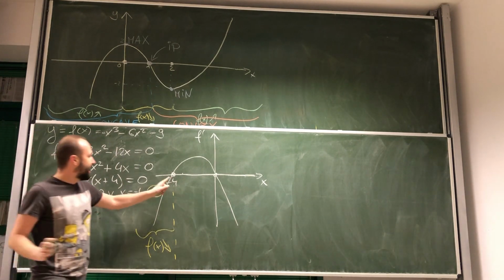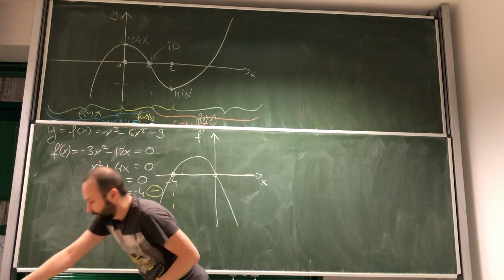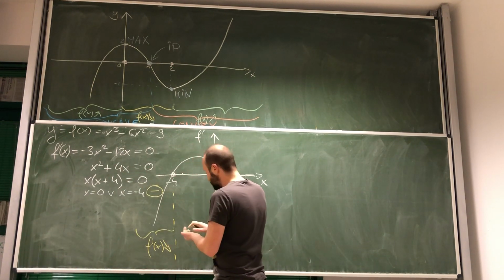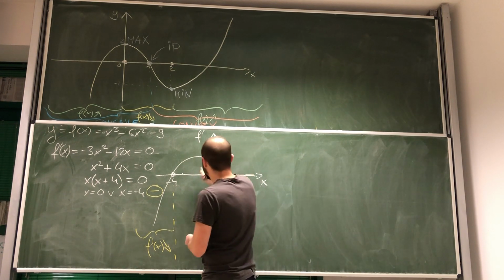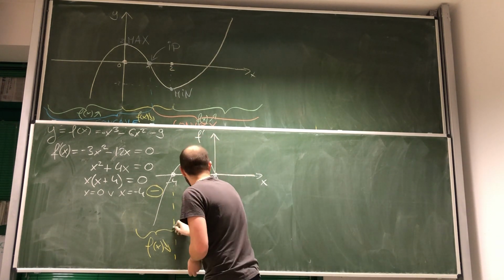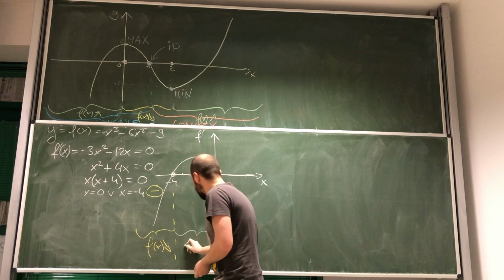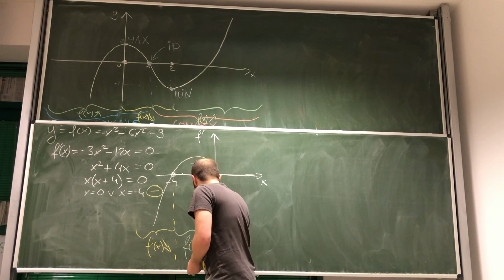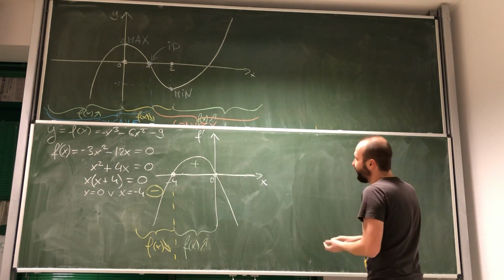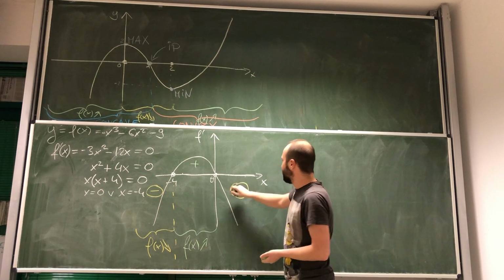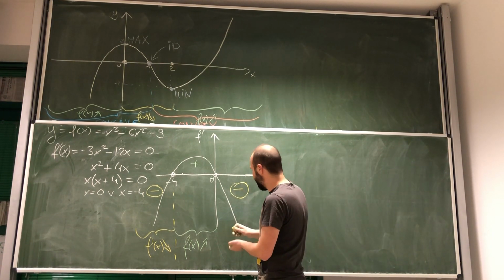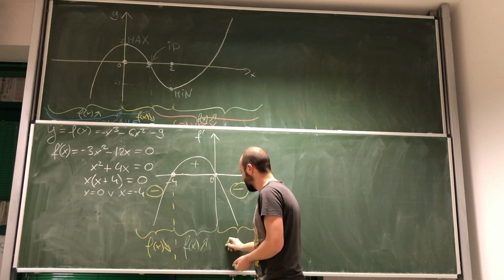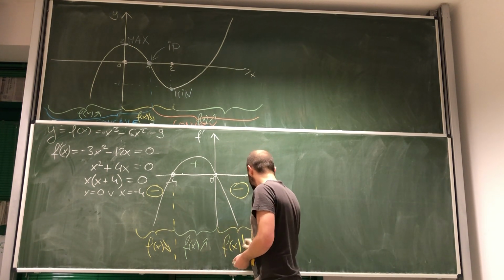Then, between negative 4 and 0, the value of the derivative is positive, which means that in between those two values, our function is going to increase. And finally, over here, derivative is again negative, which means that the function is decreasing again.